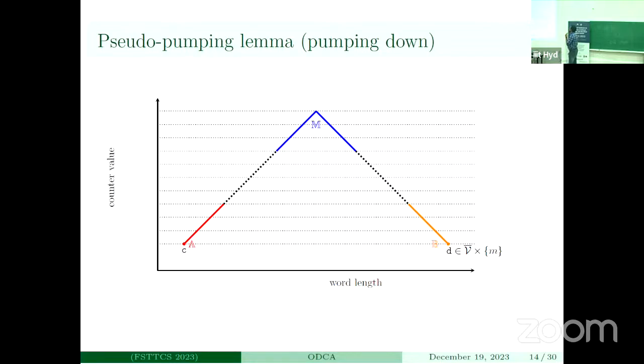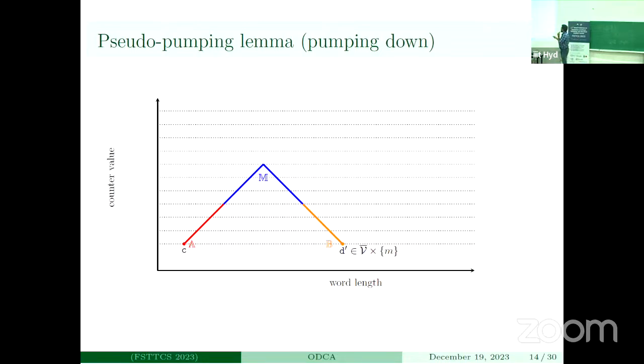Say there is a reachability witness from configuration C to a configuration in V bar with counter value M. Assume that the maximum counter value encountered during this run is greater than some polynomial bound. Then the pseudo pumping lemma says that you can cut a portion out to get a shorter witness of reachability, and the maximum counter value encountered during this run is smaller than what you had before.